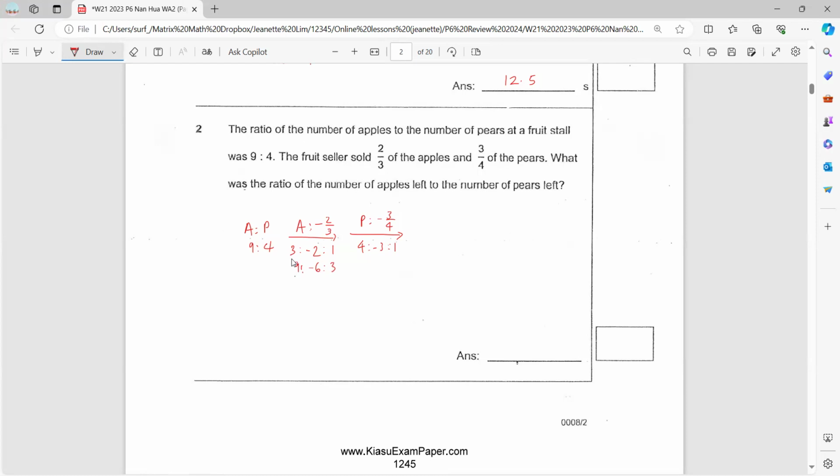Then for the pears, pears at first is 4 units. They are the same already. So this 9 is the same, and this 4 here is the same. So what is the ratio of apples to pears left? A in the end is 3 units. P in the end is 1 unit. So the answer is 3 to 1.